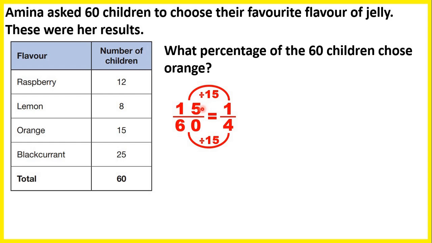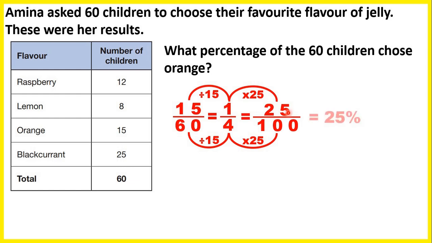So now that we know that 15 out of 60 chose orange, and that's the same as 1/4, or 1 out of 4, we can find an equivalent fraction with a denominator of 100, because 4 times 25 is 100, so if we do the same to the numerator, 1 times 25 is 25. So we found that 15 over 60 is equivalent to 1/4, and that's equivalent to 25 hundredths. So if we have 25 hundredths, we have 25%. So that's the percentage of the children who chose orange.